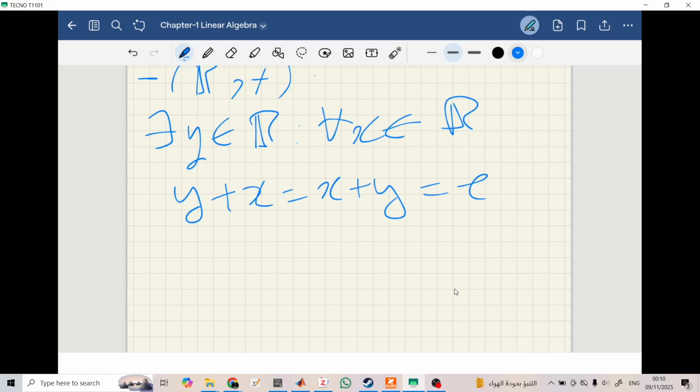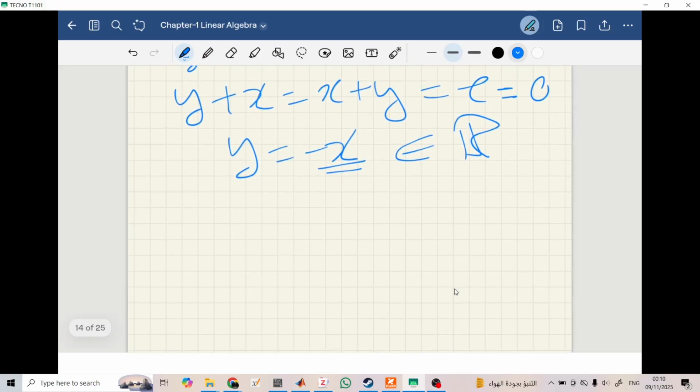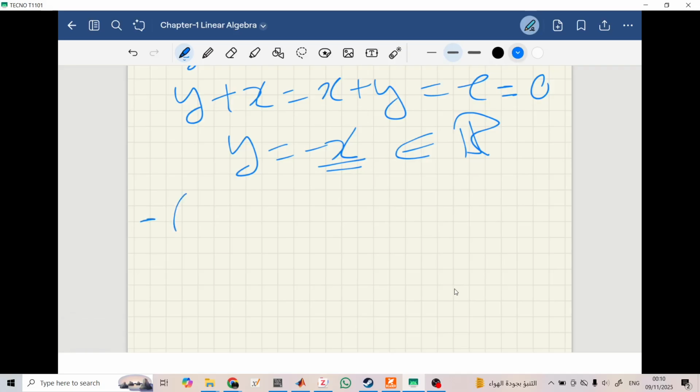What is the neutral element for the addition? We said it's 0. So in this case y equals minus x, and minus x of course belongs to R. That's good, right?